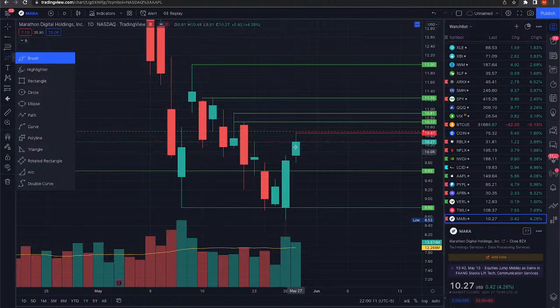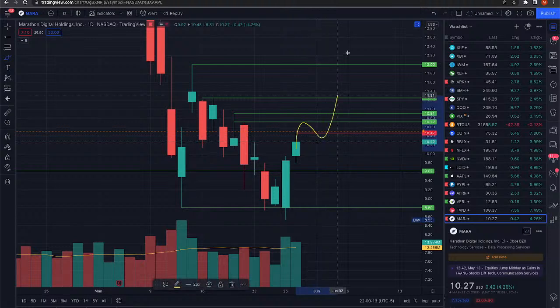Yeah, the stop losses, I'm for sure gonna give all those for every play. If I don't give either a stop loss or a target for a play, don't get in. And then I think on MARA I want to target 12, but there's a lot of resistances there, so this might be a tricky one.